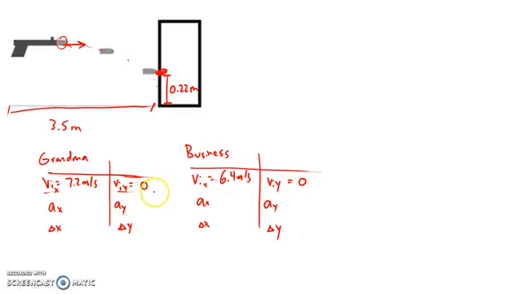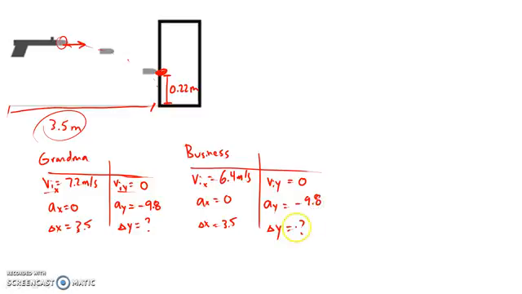There's no initial velocity in the y direction. Acceleration in the x direction is 0, and in the y direction is 9.8. In the x direction, both of them would have a change in x of 3.5, assuming they fired from the same position. The change in y, we're not sure what those values are.